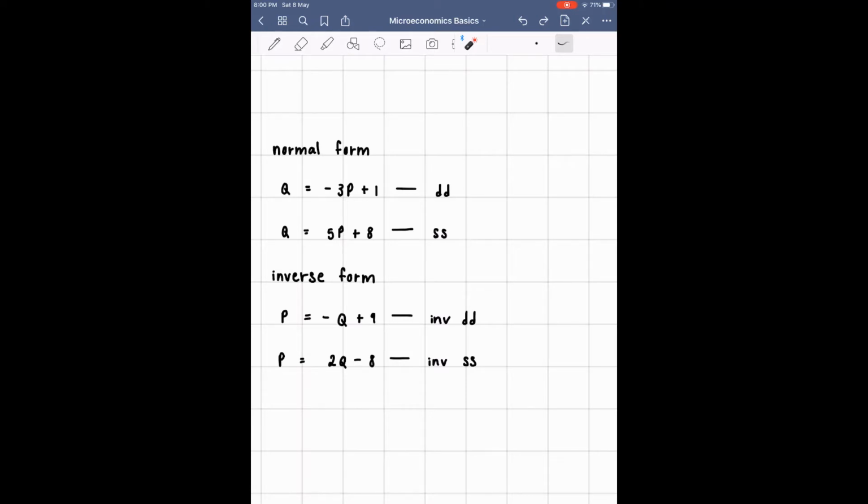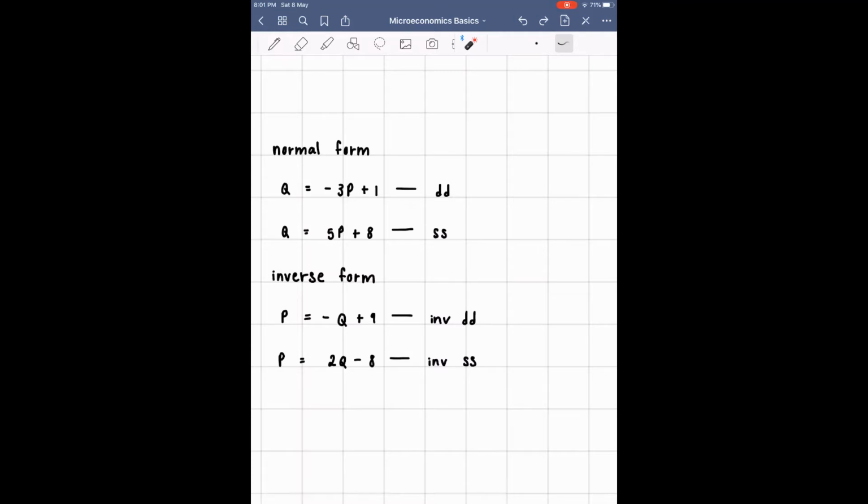Another important point to note is that since the demand curve is downward sloping, the coefficient associated with P is going to be a negative value. But what about the supply function? The supply function has a positive coefficient of 5 associated with the P. So the main takeaway is that the normal form of demand and supply functions always has the Q, quantity, being expressed in terms of P.